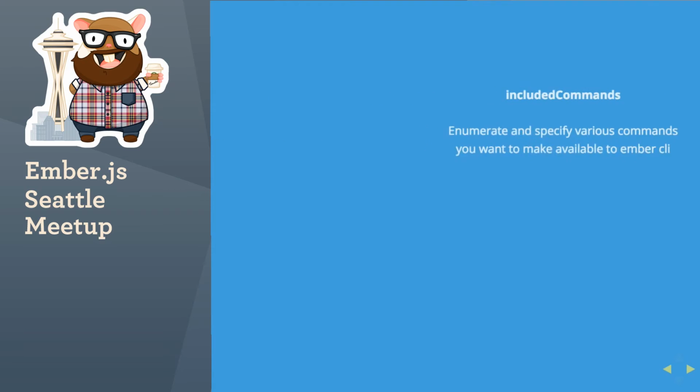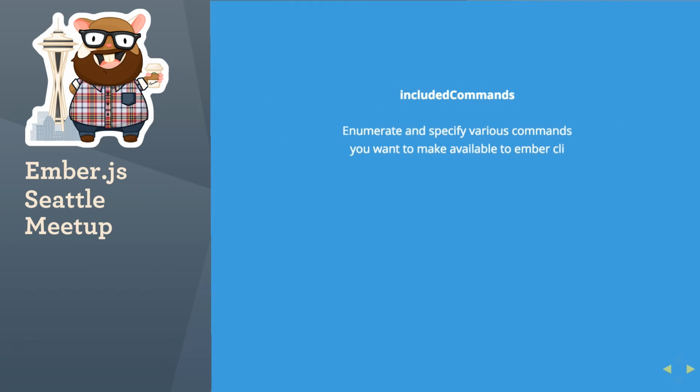So you declare all that. Included command. So say your add-on, when it's installed, extends or enables Ember-Cli to do something else, like run a specialized git command or copy or move or do some interesting command that's not baked into Ember-Cli. You can build your own commands inside Node and run inside Ember-Cli.